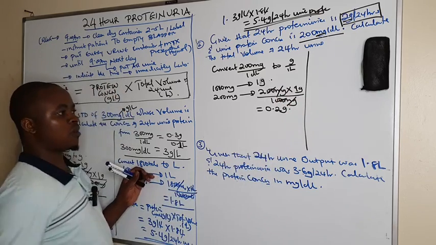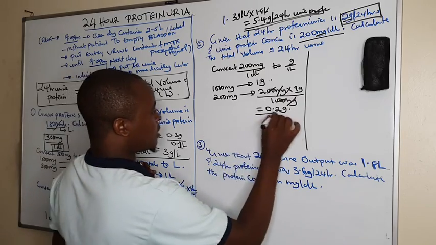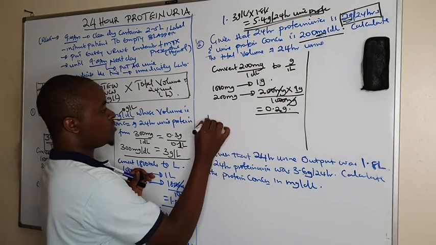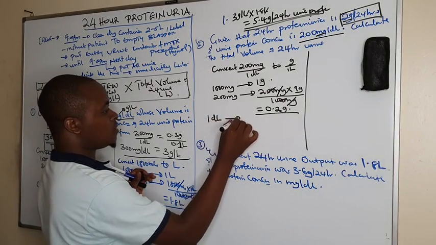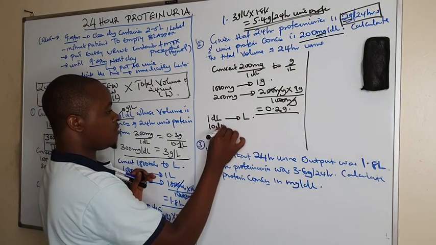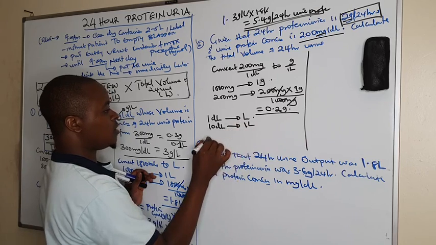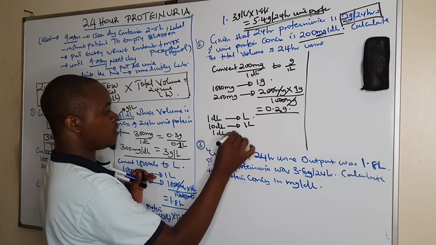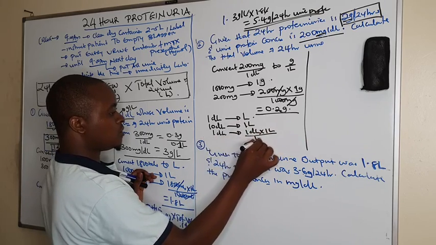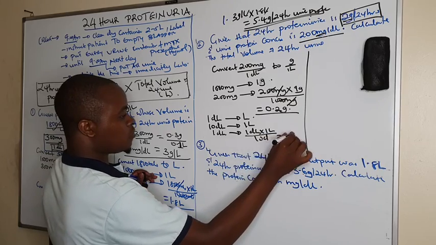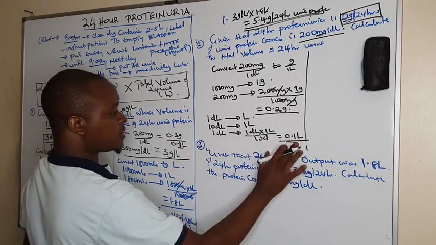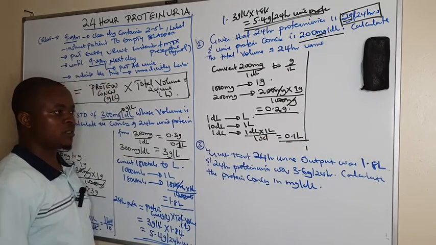Milligrams go with milligrams. After getting 0.2 grams, we are now going to convert 1 deciliter to liter. And 10 deciliters is equivalent to 1 liter. What about 1 deciliter? Cross multiply to get 0.1 liter. So 1 deciliter is the same as 0.1 liter.